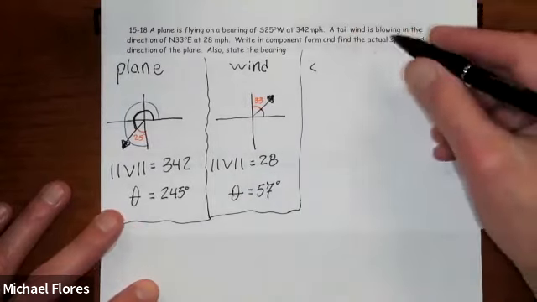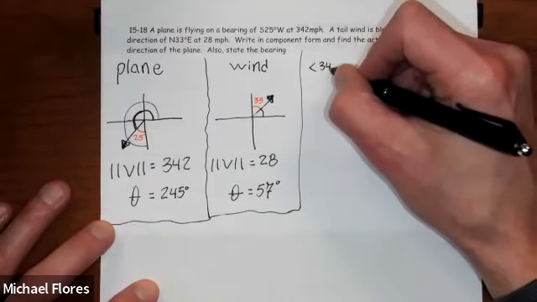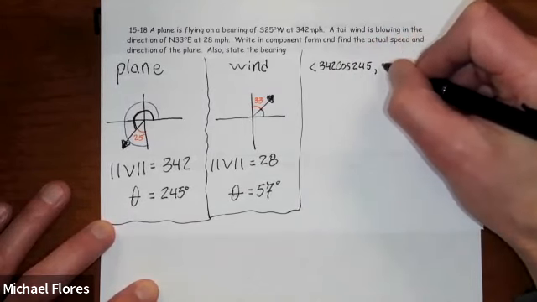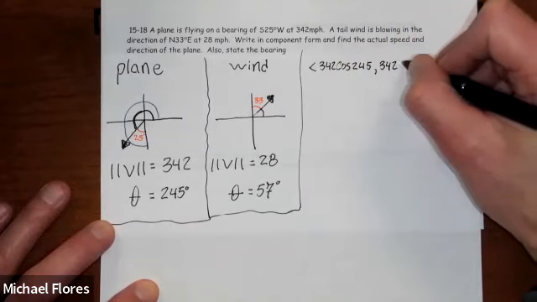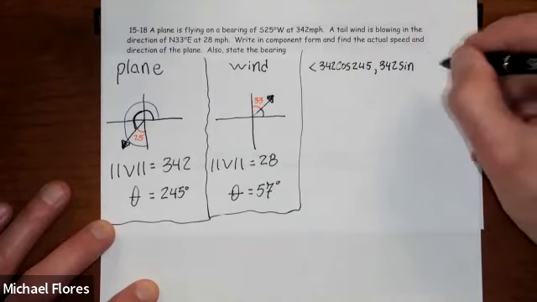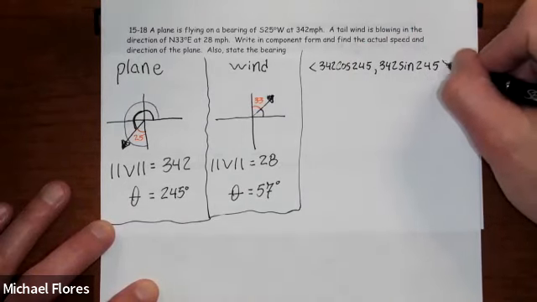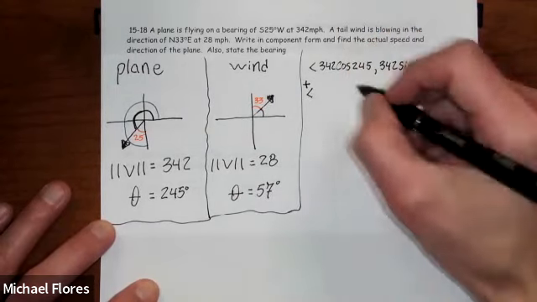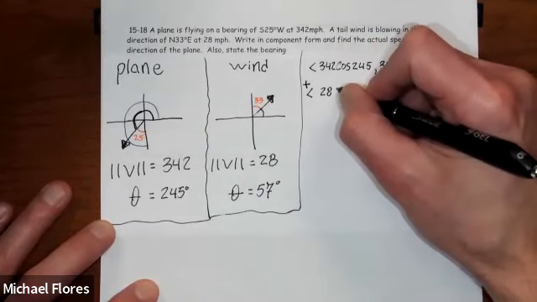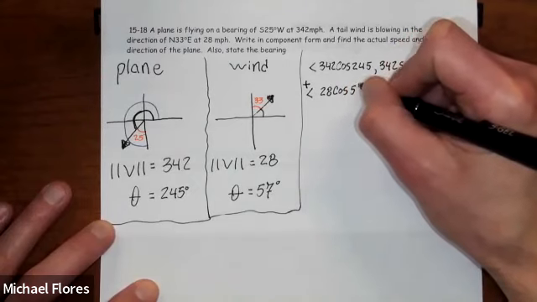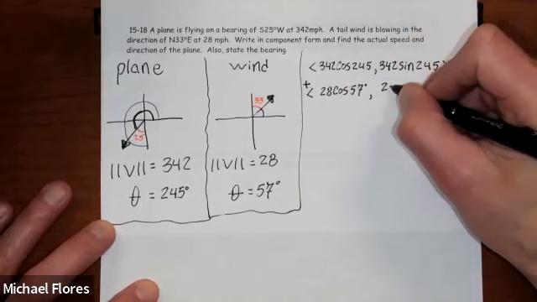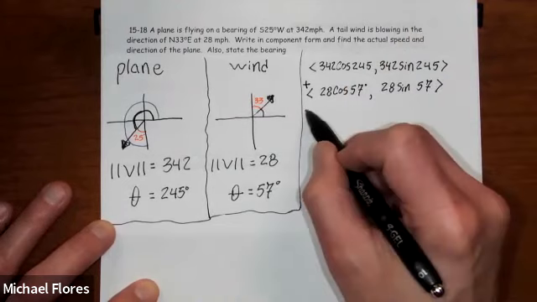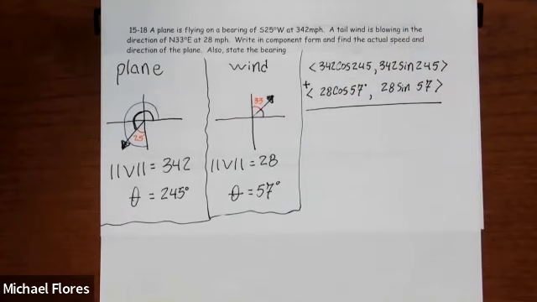So the component form of the plane would be magnitude cosine angle, magnitude sine angle, and we are going to add that to the component vector of the wind, which would give us our resultant vector.